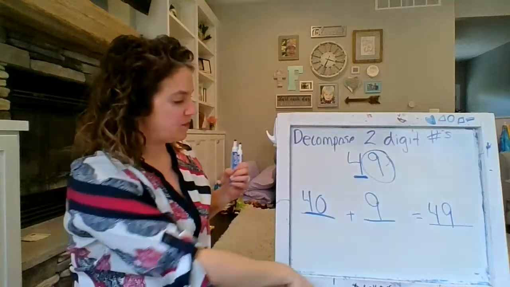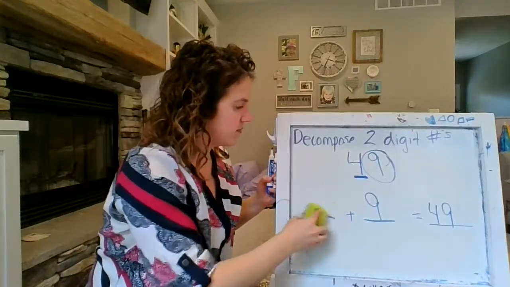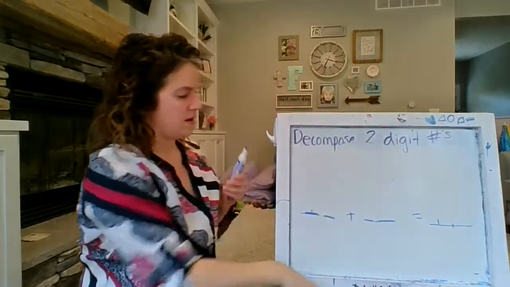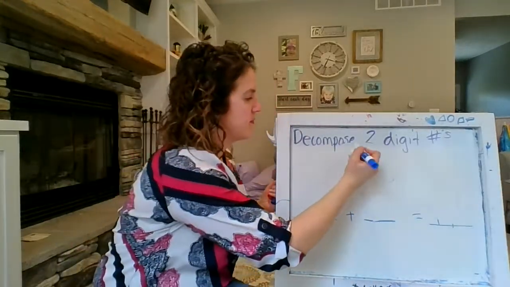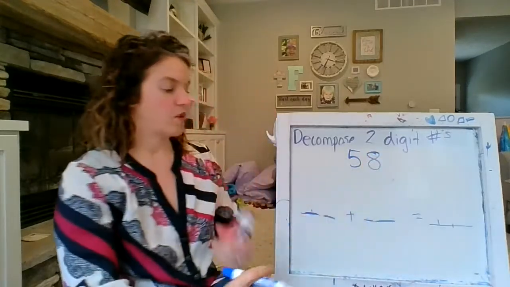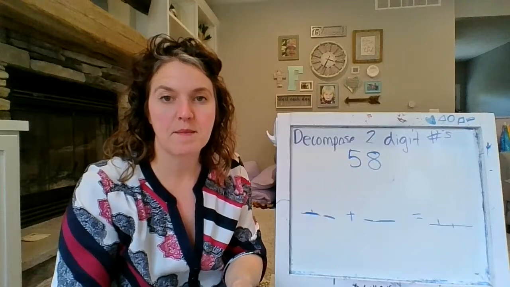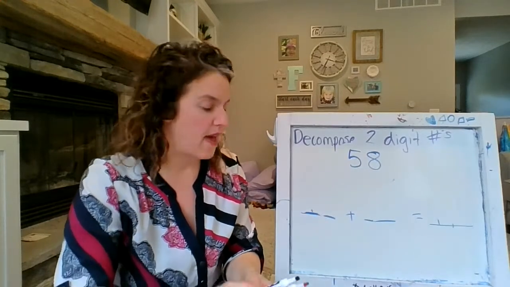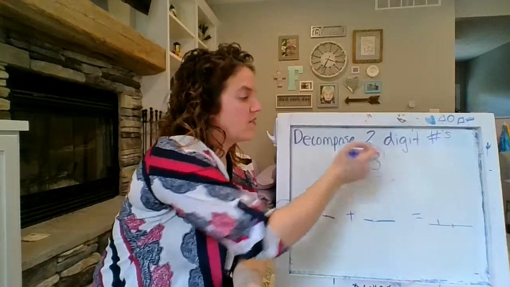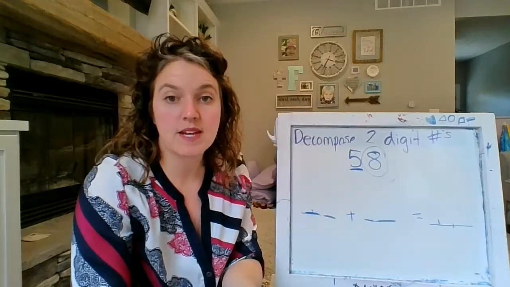All right, 2 more. Go ahead and write your number sentence for that number up there. Pay attention to what this really means and what the value of that is to help you decompose it.